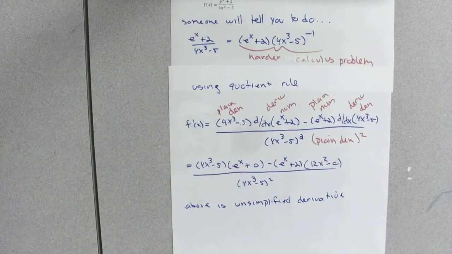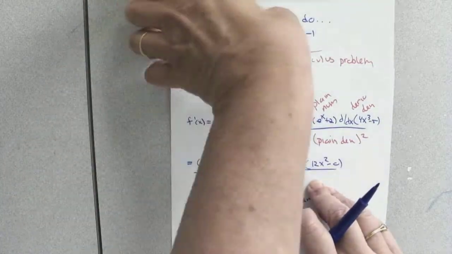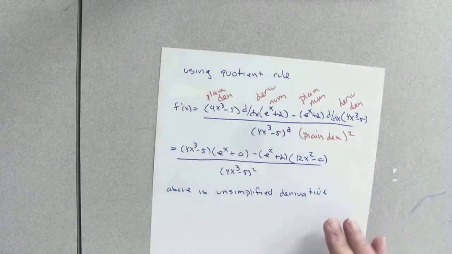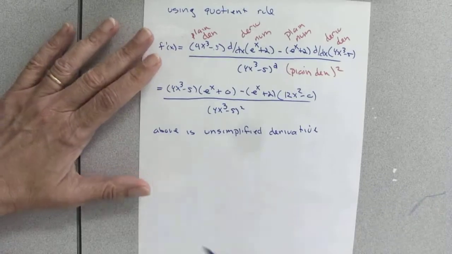Doing the quotient rule, now we are going to simplify. When simplification is just a matter of multiplying out and combining like terms, we are going to simplify.